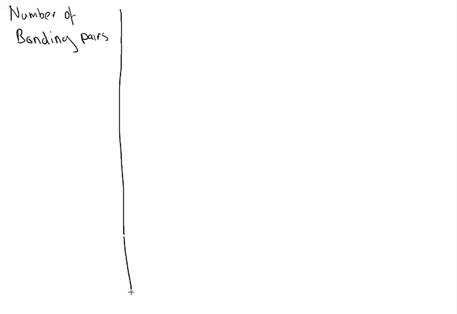Okay, we're going to have a look at shapes of molecules, and we're going to construct ourselves a table. We're going to start off with the number of bonding pairs, and then we're going to have the number of lone pairs.